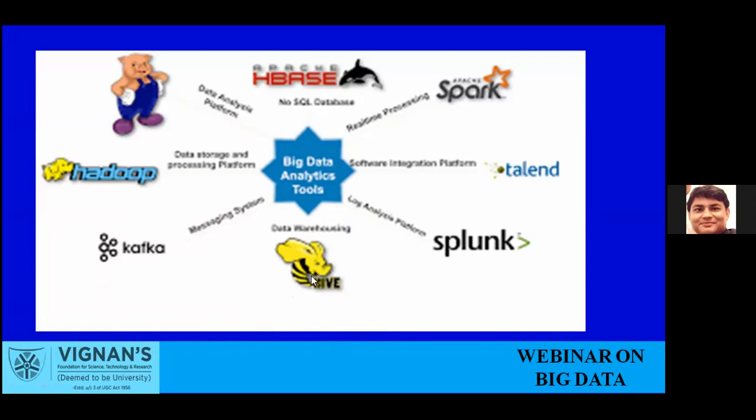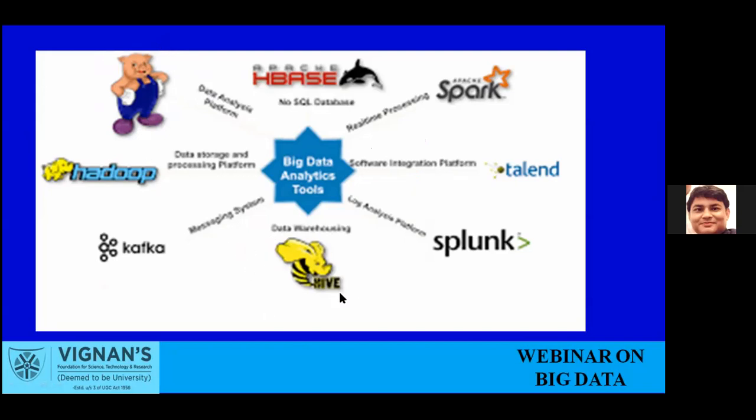Another tool is called Pig. Pig is also used by Yahoo. Pig and Hive both do the same task, but Pig uses a scripting language called Pig Latin script. Whatever script you write is converted into Java programs, which interact with Hadoop, and from Hadoop they do all the analysis and processing. Generally Pig and Hive perform the same operations, but they were developed by different companies.